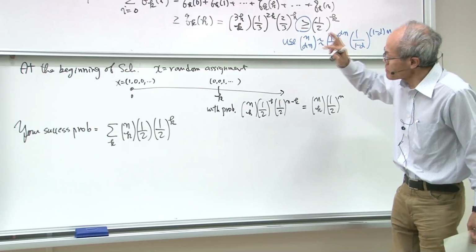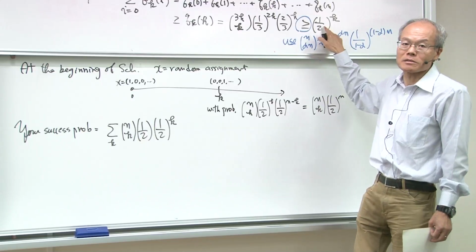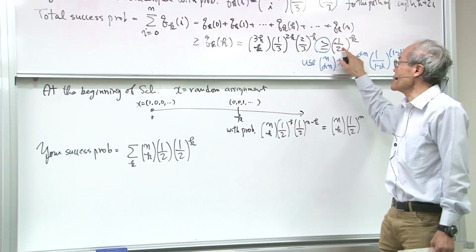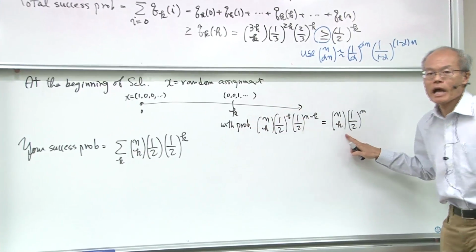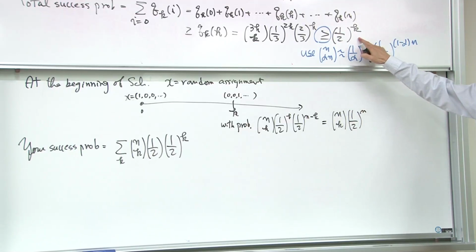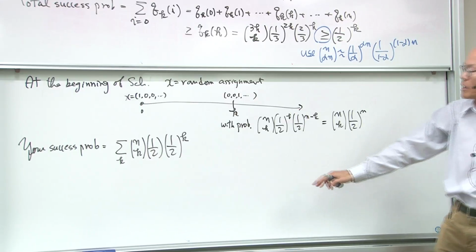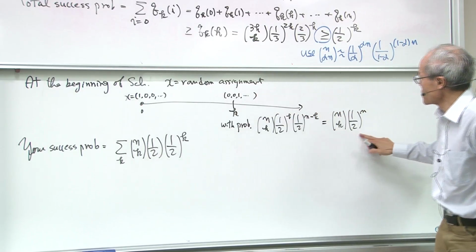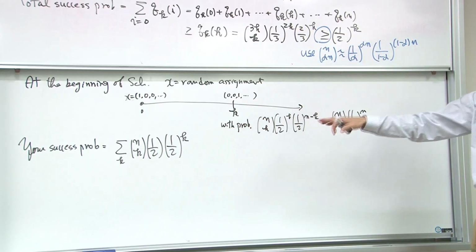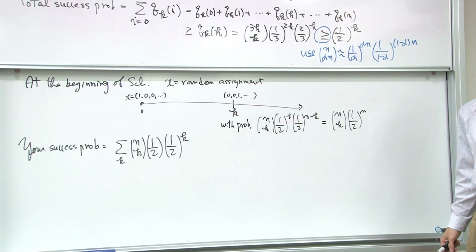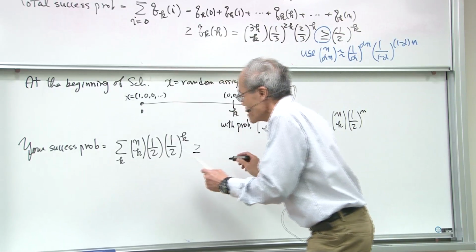From here, your success probability is 1/2 to the k. So the probability that you come here is this, and from here your success probability is here. So just multiply by 1/2 to the k. Just sum up for all k. But again, we have this simple approximation.